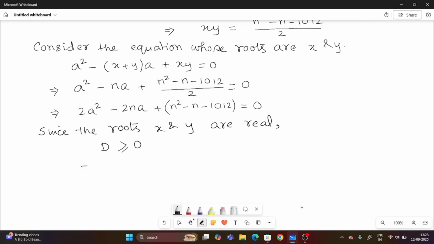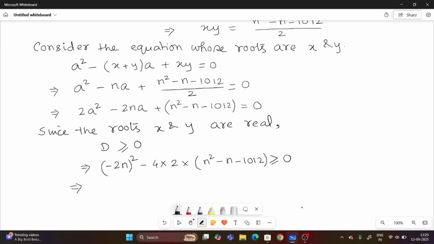What is the formula of discriminant? b square minus 4ac. So here b is the coefficient of a, minus 2n, whole square, minus 4 into a, where a is the coefficient of the square term, that is 2, and c is the expression n square minus n minus 1012, that means the constant term.